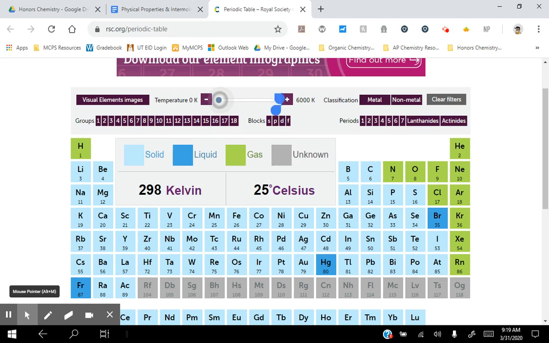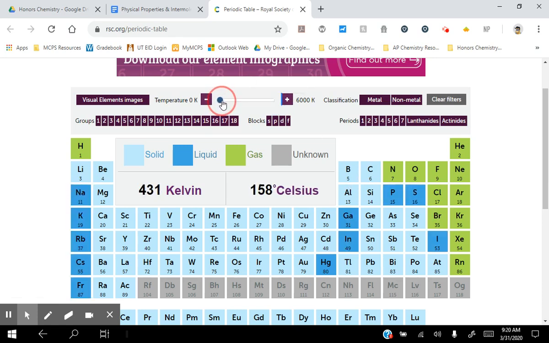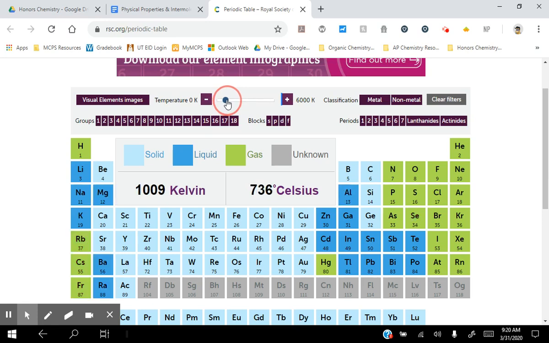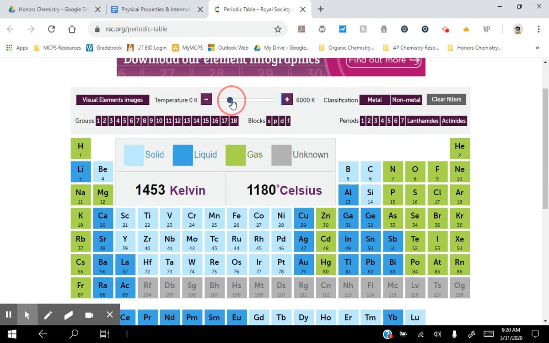If I play around with these temperatures a little bit more, I've got this temperature slider at the top. As I increase the temperature, you'll see a transition from the number of solids to the number of liquids and then even gases. So as I increase my temperature, I'm getting up into thousands and thousands of degrees Celsius.